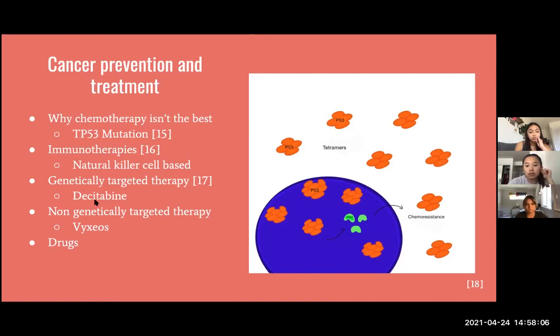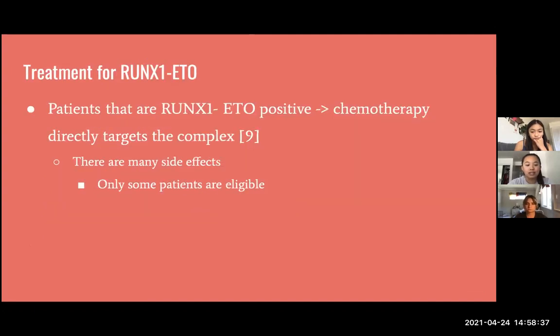It targets the TP53 mutations, and if it's used consistently, then it can prevent the relapse of the cancer. An immunotherapy that is promising is the natural killer cell-based immunotherapy. What it essentially does is kill leukemia through the graft versus leukemia effect. It can promote engraftment from T cells, and it will protect against graft versus host disease. Next.